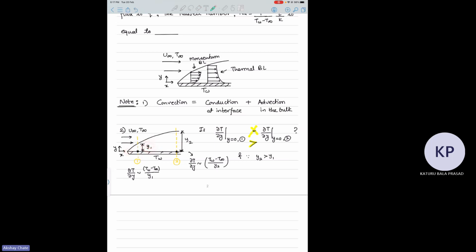So del t by del y will be very high. To avoid that complication, the generally accepted convention is you just say that the boundary layer starts from a very small distance after 0. So if this is your 0, 0, the boundary layer starts from, let's say, 0 plus a very small distance. That is also one thing that they ask, but not frequently, but you should know.